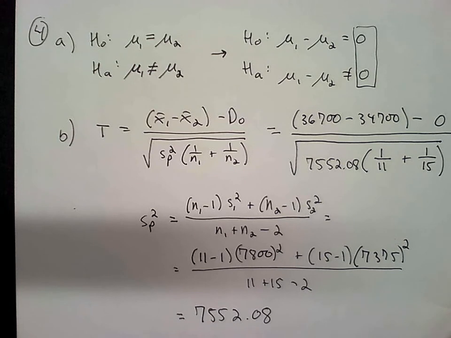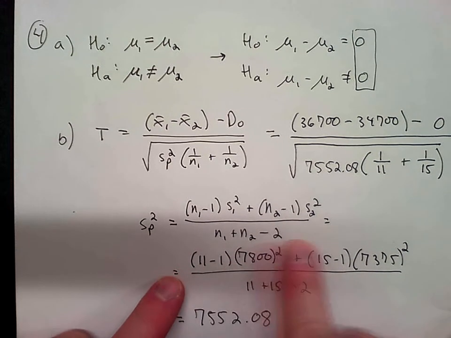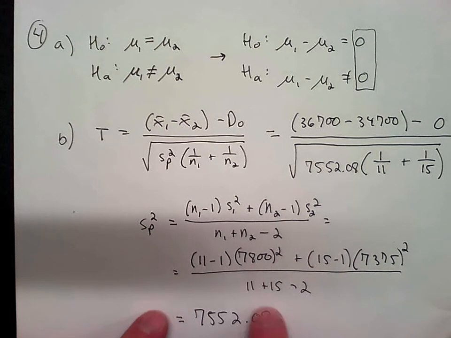So, let me ask you guys this. Is everybody good with where I'm getting these numbers from back here? The n's and the s's. And is everybody good with where I'm getting these formulas from? If you're good with where the formulas are coming from, you're good with where the numbers are coming from. It's just a matter of plugging those numbers into this formula and doing this arithmetic.